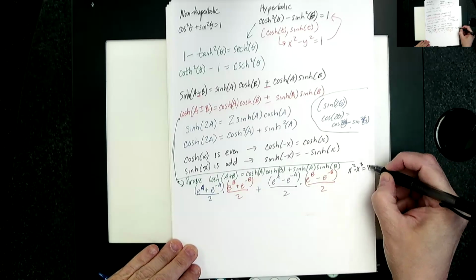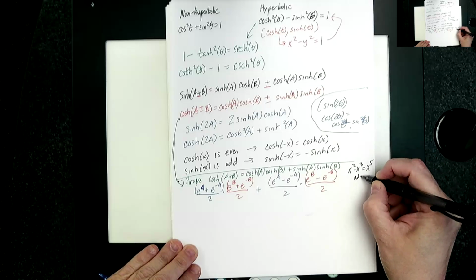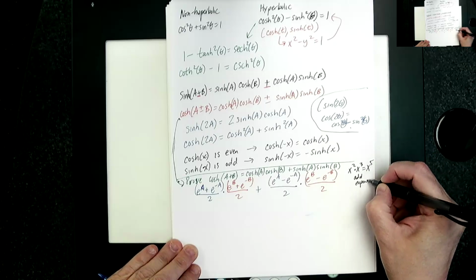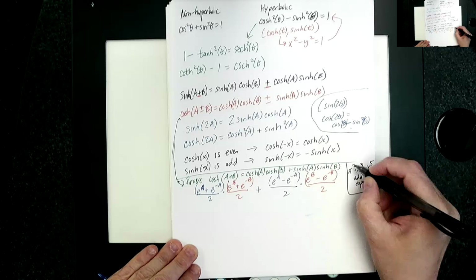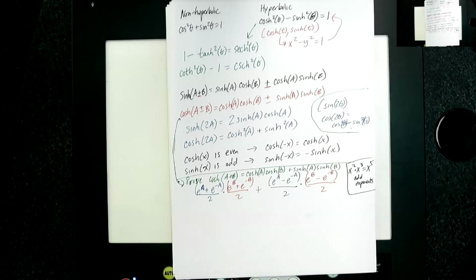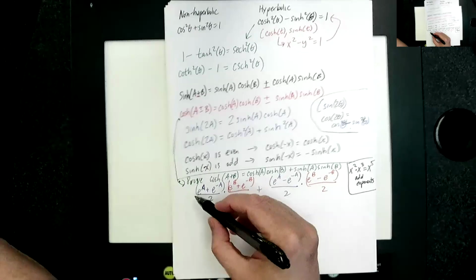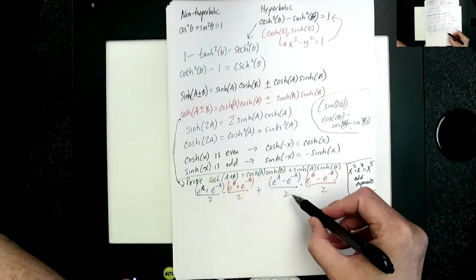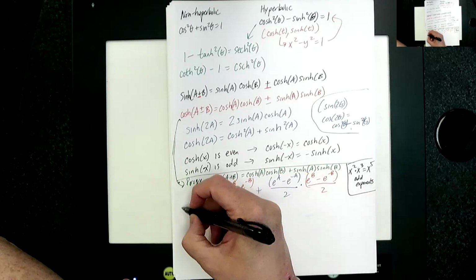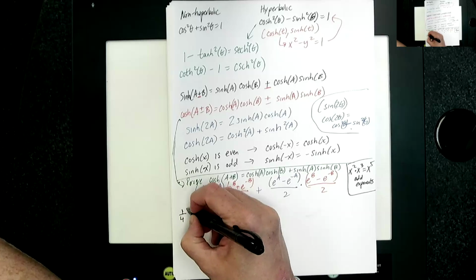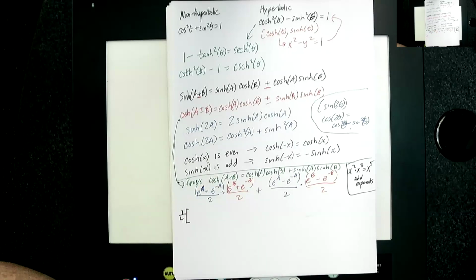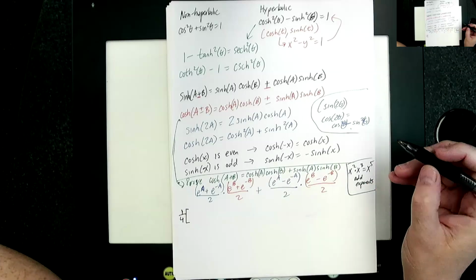X to the 5th power, right? We add exponents. So that's what we're going to do when we distribute. All of these are going to have a 2 times 2 on the bottom. Let's save ourselves a lot of fraction work and just write the 1/4 out front. How's that sound? If you want to keep writing 1 over 4, you can.